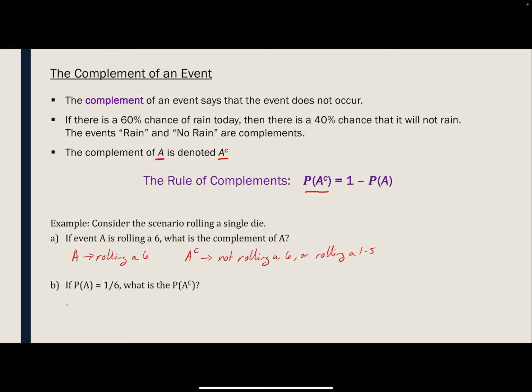So if the probability of rolling a 6 is 1 out of 6, then the probability of not rolling 6 would be 1 minus that 1/6, or 5/6. Just remember that the probability of complements should add up to 1. So this and this should add to 1.